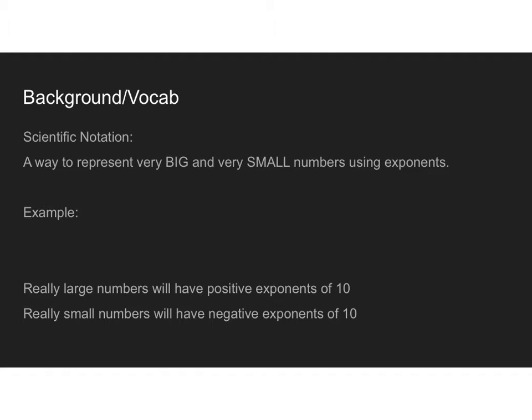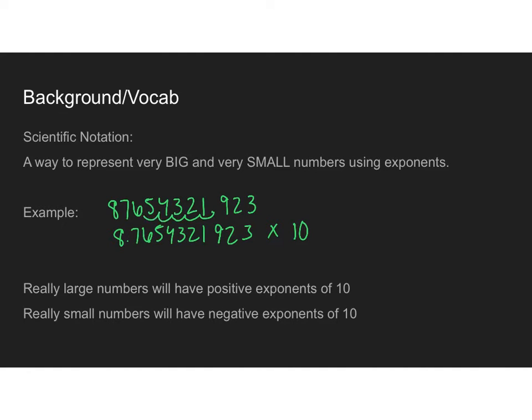For example, if I have this huge number, 87,654,321,0.923, we can rewrite this number as 8.765432193 times 10 to the, well, I move this back 1, 2, 3, 4, 5, 6, 7 spaces, so 10 to the 7th.